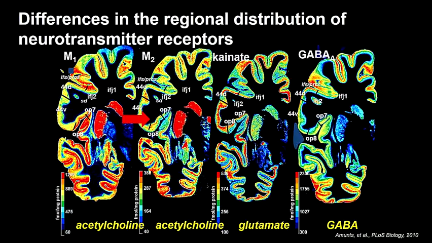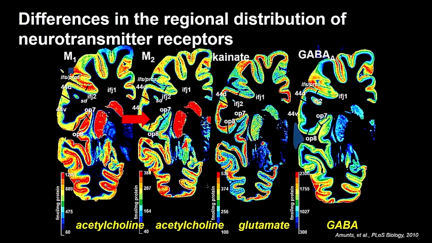Why is it important for mapping? Because we can see that for different neurotransmitter systems like acetylcholine or glutamate or GABA, we see differences in the concentration of these receptors depending on the brain region. And again, if you have a look at the opercular part of the inferior frontal gyrus, we can see that the concentration at the free surface is a medium concentration, while when we come to the middle frontal gyrus, the concentration is going up, indicated here by the red colors.